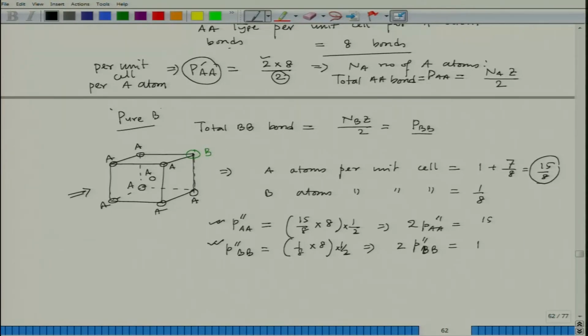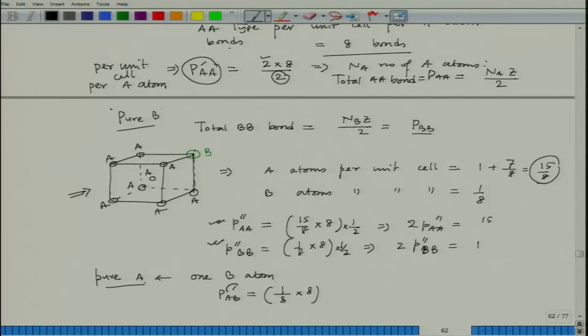Now, if I consider pure A, and assume that pure A is being contaminated by one B atom, then the total number of PAB bonds, with reference to a per A atom, would be this.